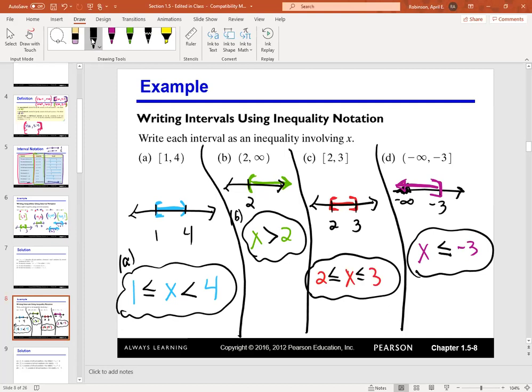Anything I've highlighted is what x can be. And since that's starting at negative 3 and going to the left, it's less than or equal to. Even this arrow is pointing to the left, whereas on part B the green arrow is pointing to the right, so it's greater than. And like I said, you don't have to graph these to do them, but it gives me a visual and I can get a better grip on what I'm looking at there.